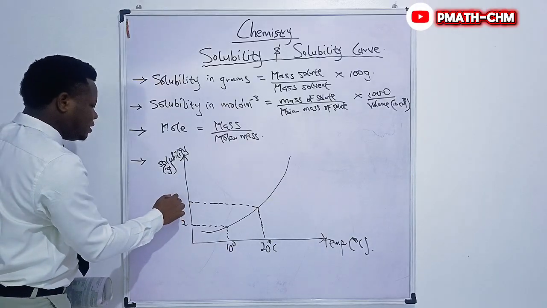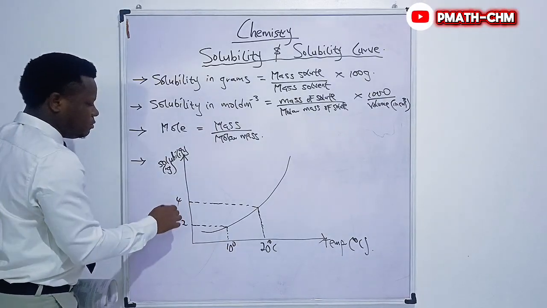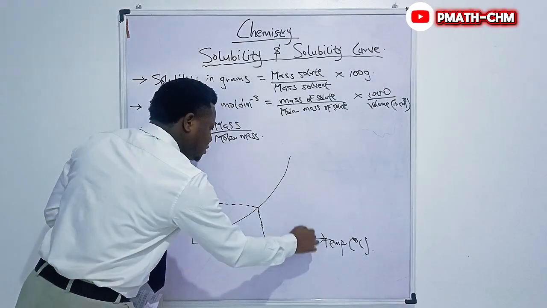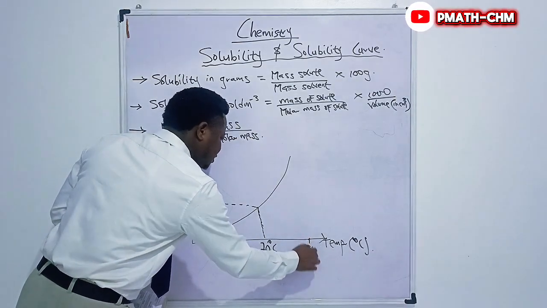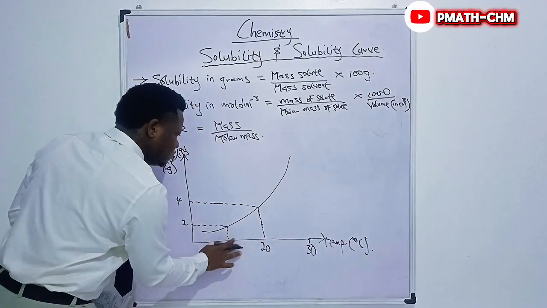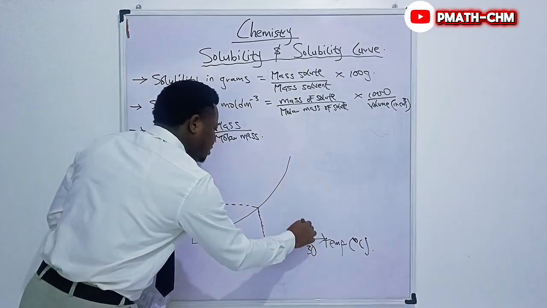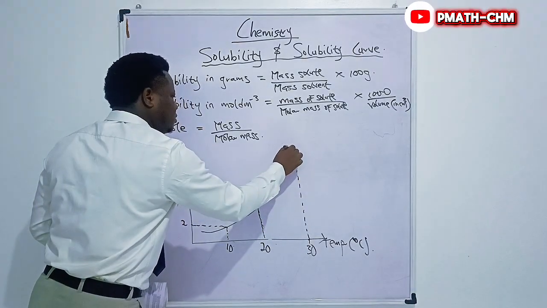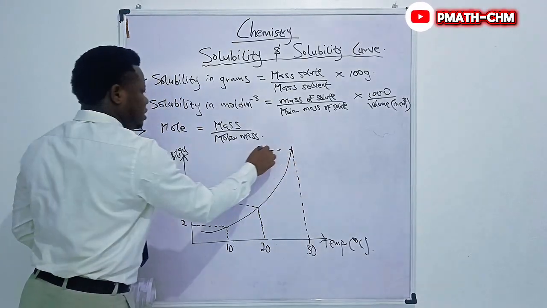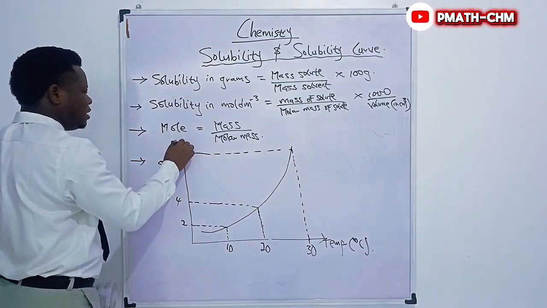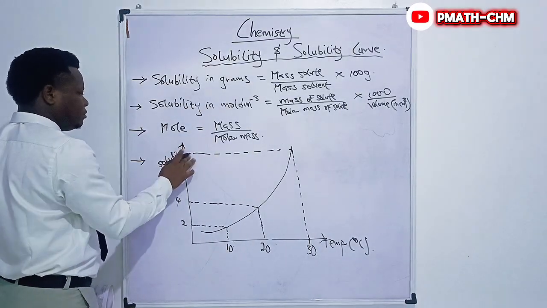So the solubility here is, let's say, 4 grams. Let's say we have 30 here, 30 degrees Celsius. So we have 30. If you take this up here, this is where it touches the curve. Then if you take it to this axis, oh, my length is not as long, so let me increase this.